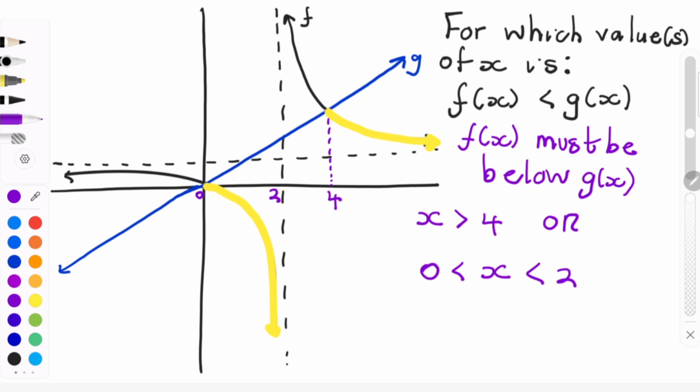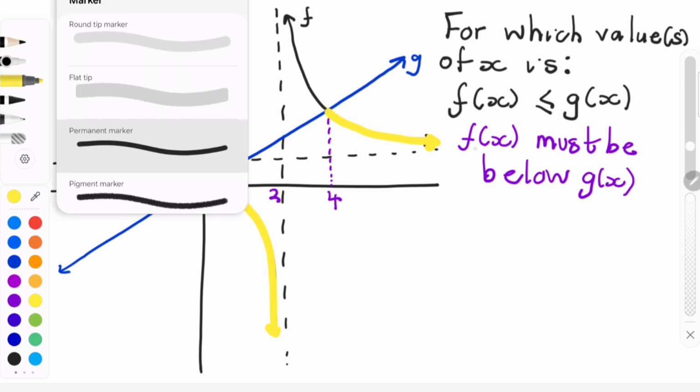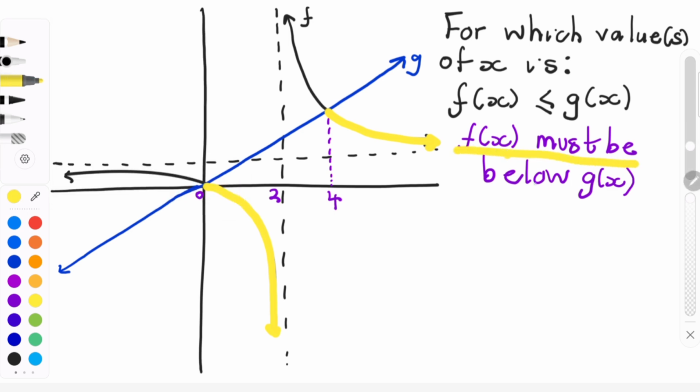Now let's say I make a slight change to this question and say that f of x is less than or equal to g of x. Now, the only difference here, we would need to be a little bit more careful. This part here stays the same. This part here stays the same.